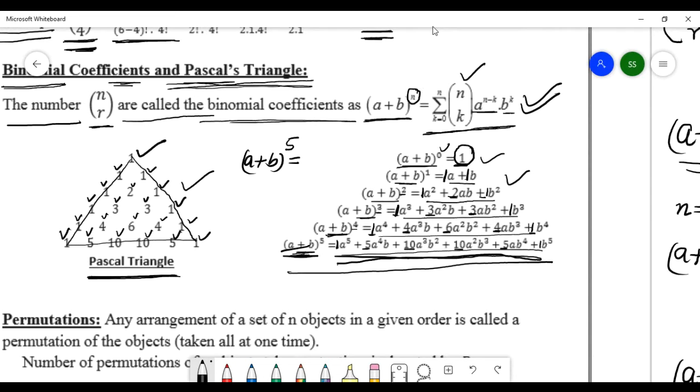Here n is any positive number. If (a + b)^n, and n here is 10, then put k starting from 0 up to 10 and pull out the terms. Then you will get all the coefficients, and then arrange them. Then you will get Pascal's triangle. Okay, right?